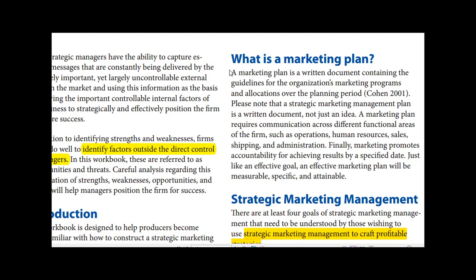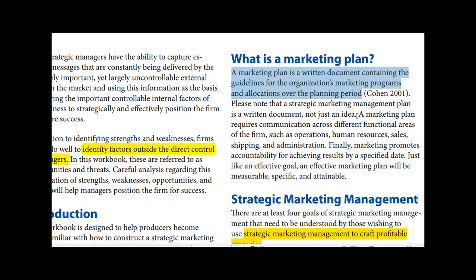When we talk about a marketing plan, it is a detailed written document communicated to different departments, and basically this document conveys how and what an organization wants from its operations to its customers.